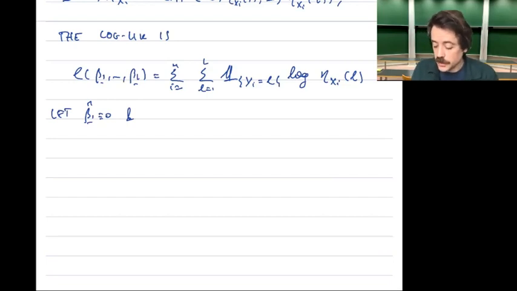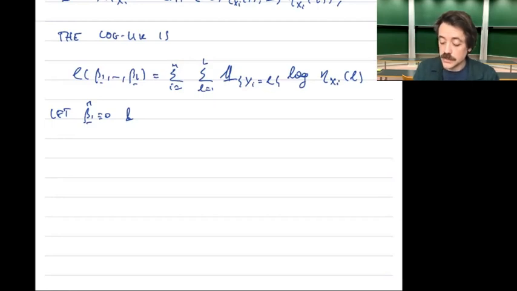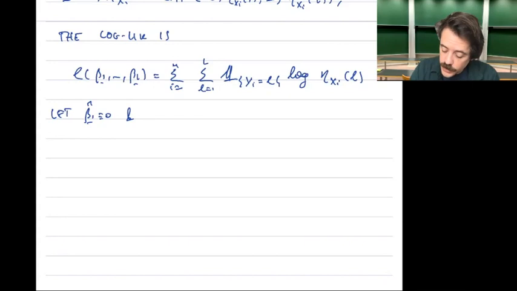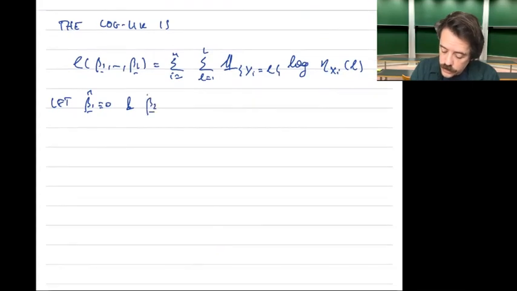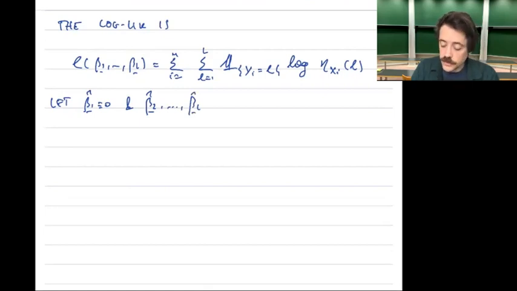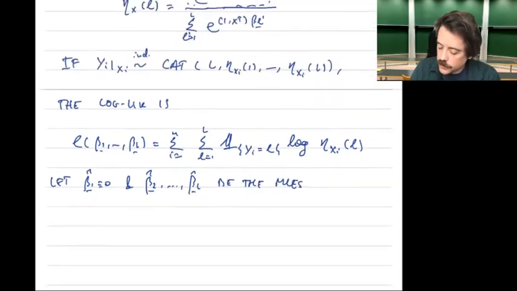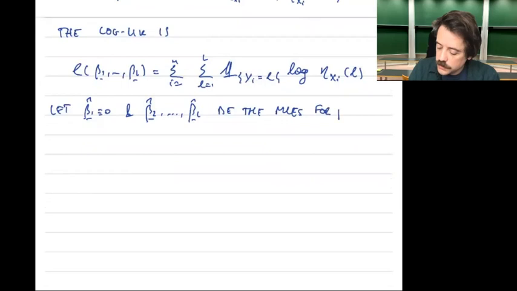But it's just to keep the convention going, because this agrees with the logistic regression problem. Okay, so then we have this, and the other thing we have is beta 2 up to beta capital L. These are going to be the MLEs for beta 2 up to beta capital L, right?